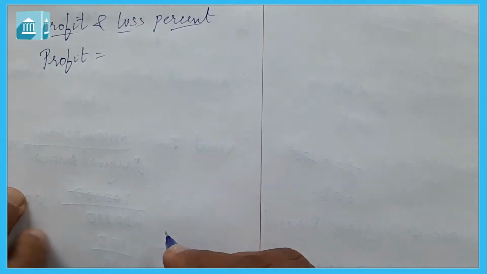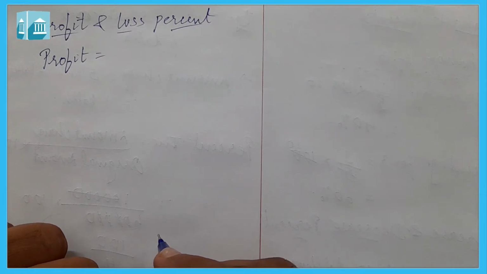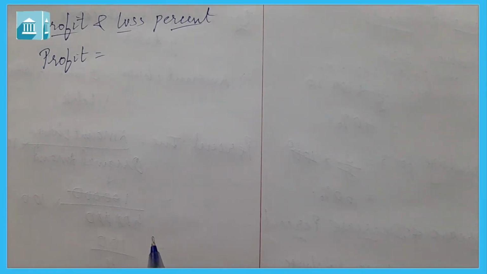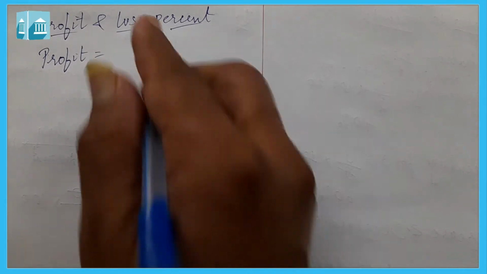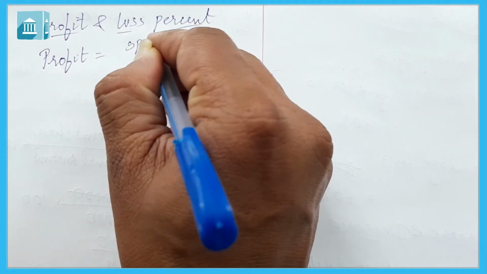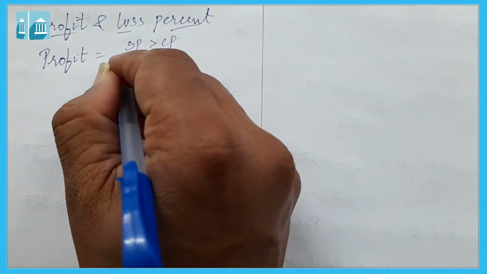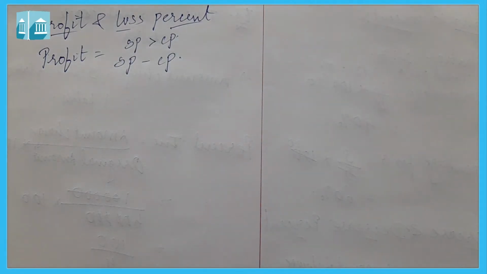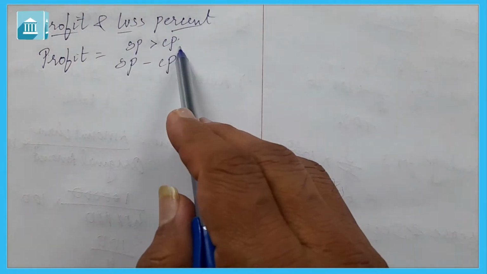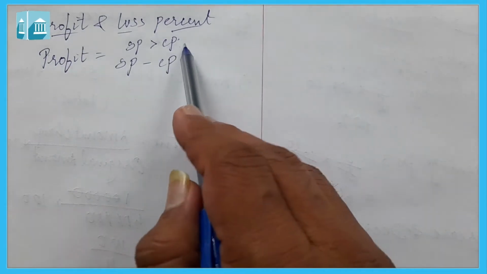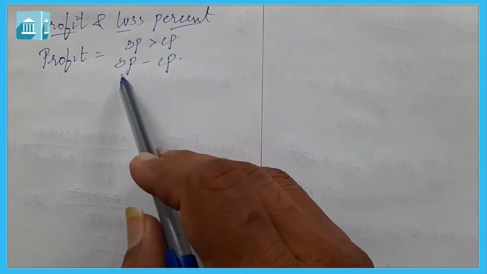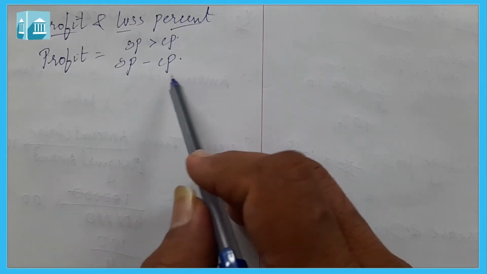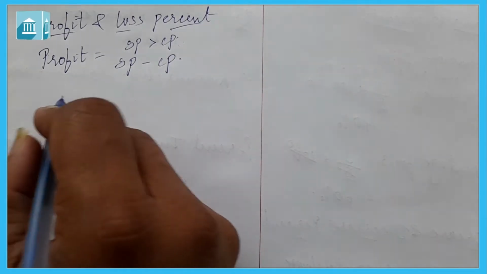Profit is when SP is greater than CP. When SP is greater than CP, we will get profit, which is equal to SP minus CP. Here SP is selling price and CP is cost price, which you have already done in 6th standard.